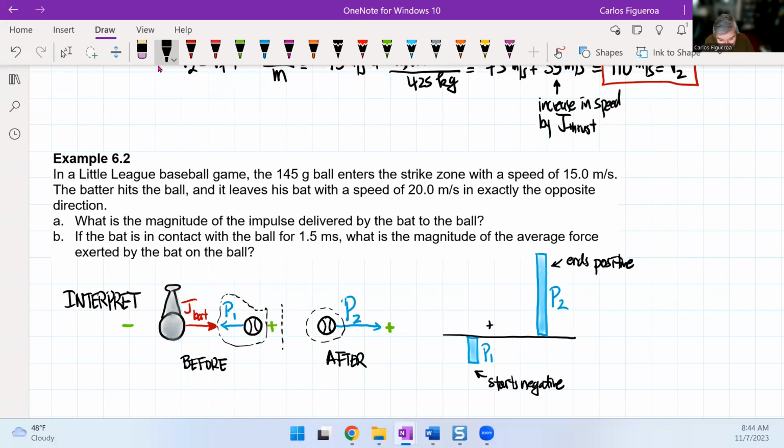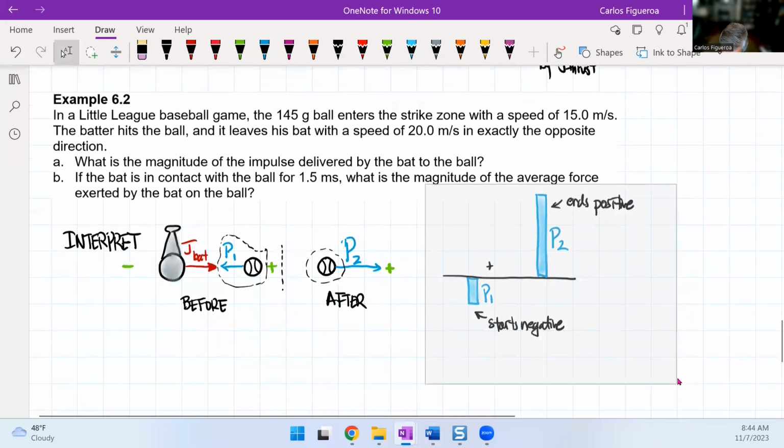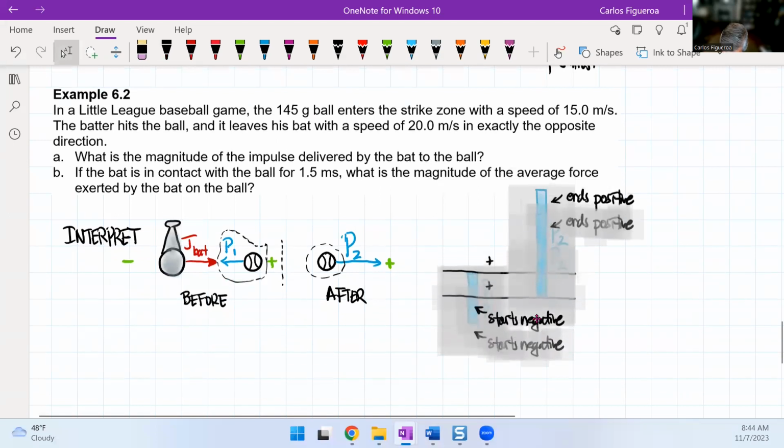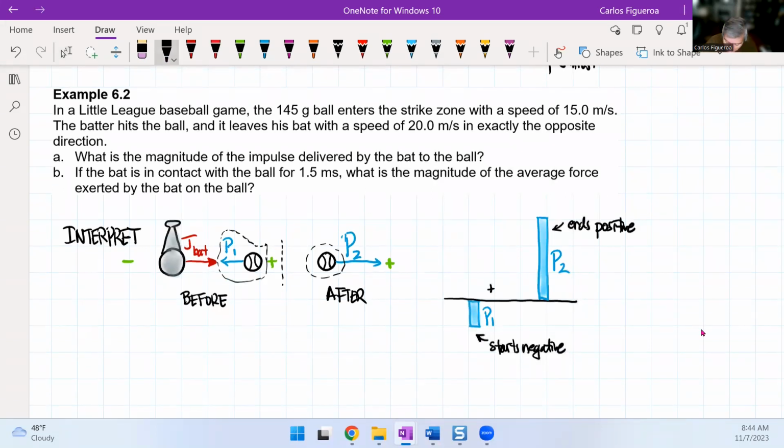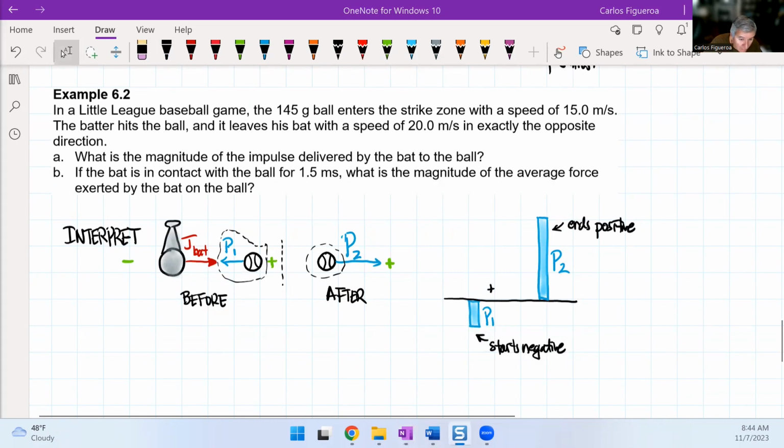So now what happens here? And you know what? I'm going to run out of space, so let me move this down a little bit. Okay, let me move this down to right here. And so here we go. So what's the first thing that the bat has to do? Let's get that picture again.